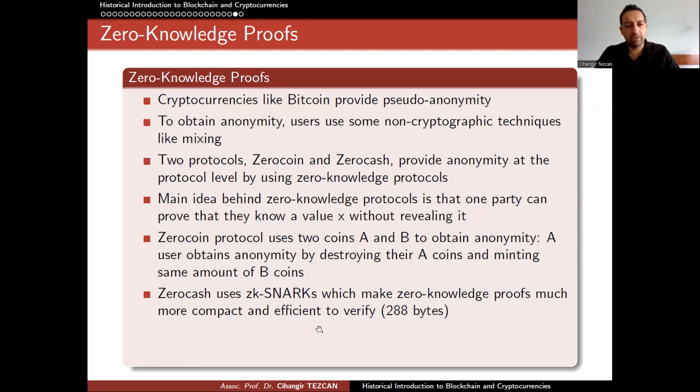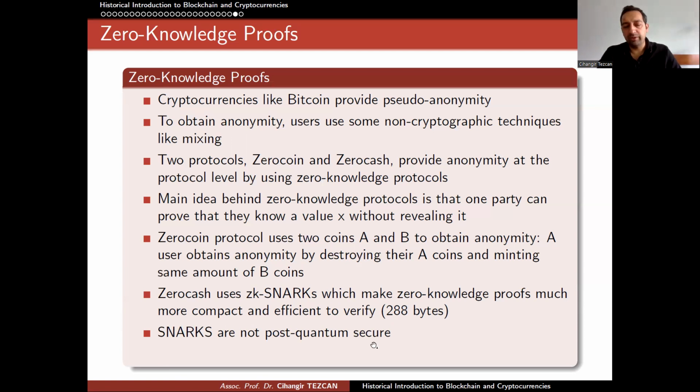A better solution came from Zerocash, which uses ZK-SNARKs, which make zero knowledge proofs much more compact and efficient to verify. So instead of using two coins, here you can use a single coin and obtain small signatures. But of course, there are some caveats anyway.